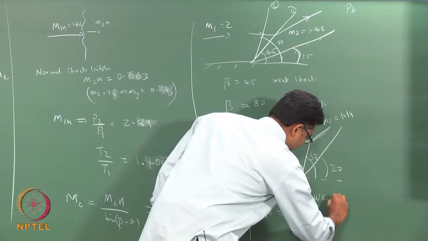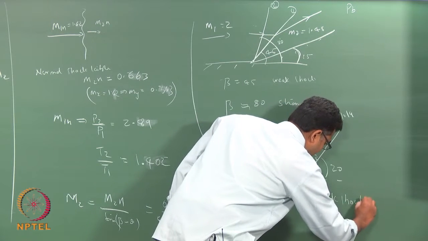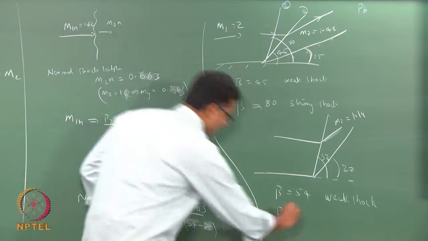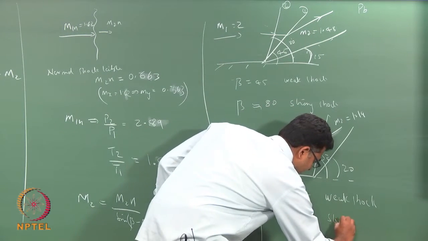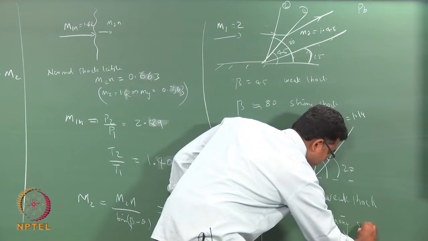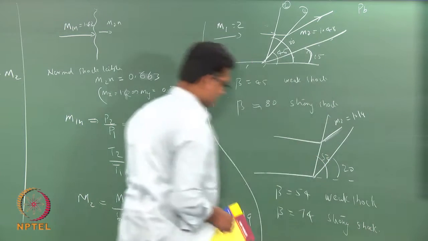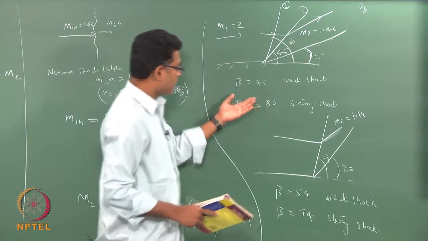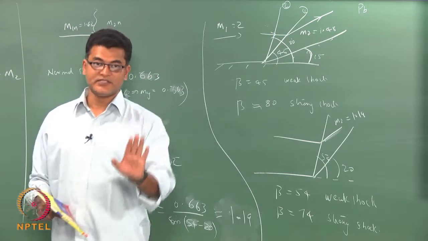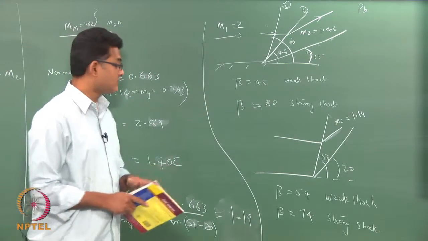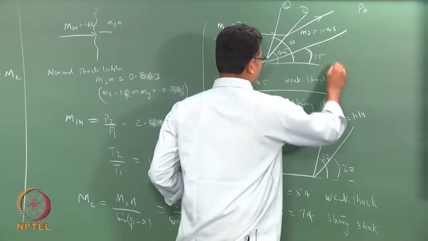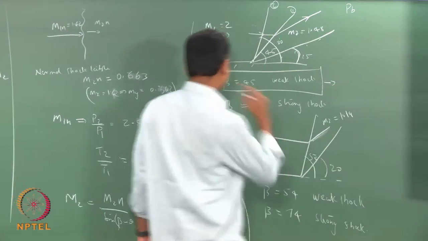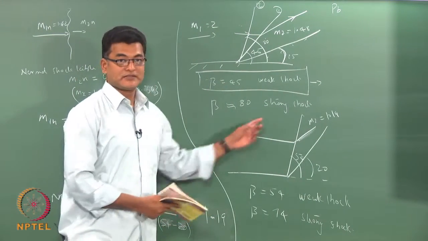So, this is weak shock and beta 74 is our strong shock. Okay. So, in the problem if you are asked to find the deflection angle, it is just the weak solution, it is not the strong solution. So, this is our so called default option. Okay. You find the weak solution unless otherwise mentioned. Okay.